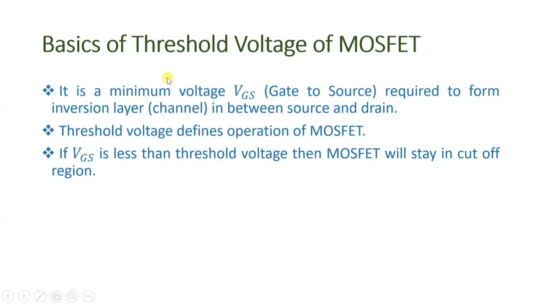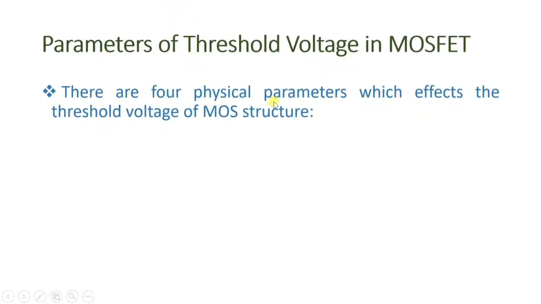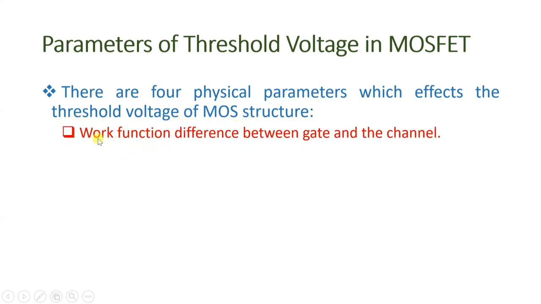Now let us try to understand on which parameters threshold voltage of MOSFET depends. When we talk about parameters of threshold voltage in MOSFET, there are a total of 4 physical parameters which affect the value of threshold voltage of MOS structure. First is the work function difference between gate and channel.